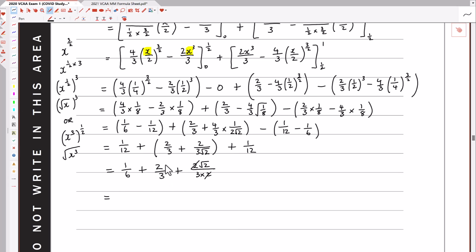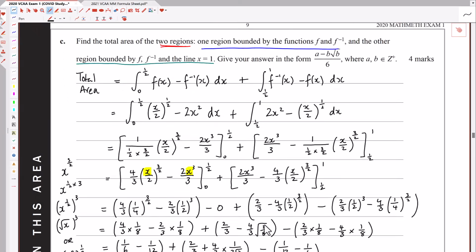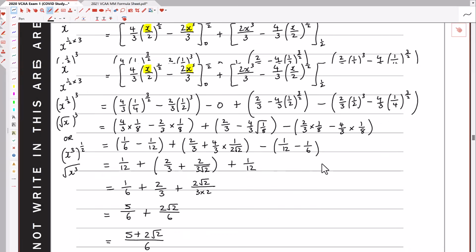So we've got 2/3 is 4/6 plus 1/6, so we've got 5/6 plus, actually let's not cancel down those 2's there because we want that common denominator, plus 2√2 on 6, and so we put that together and we have 5 plus 2√2 on 6, which is in the form required, and the form required was minus.